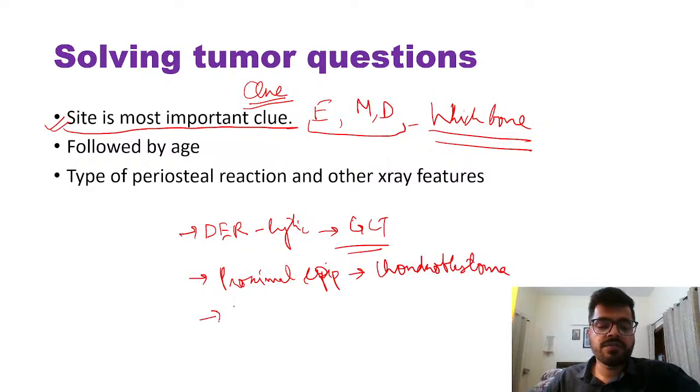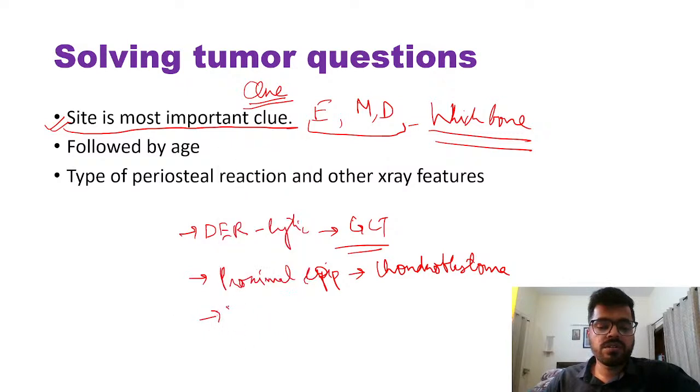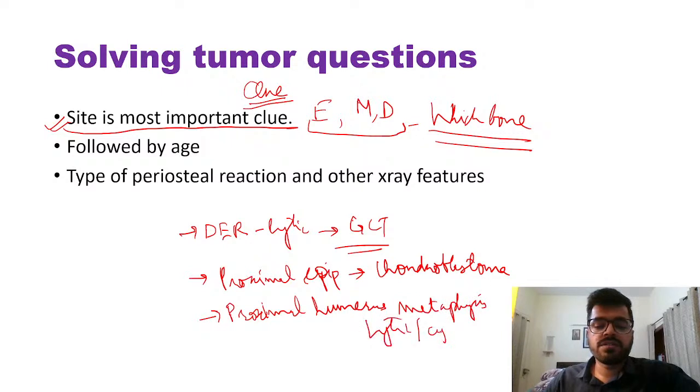Similarly, if they're talking about proximal humerus metaphysis, lytic lesion or cystic lesion, then we can think of simple bone cyst or unicameral bone cyst.